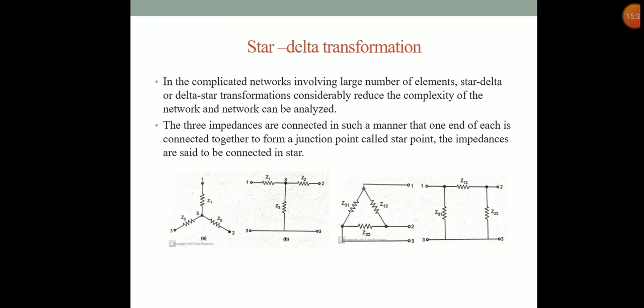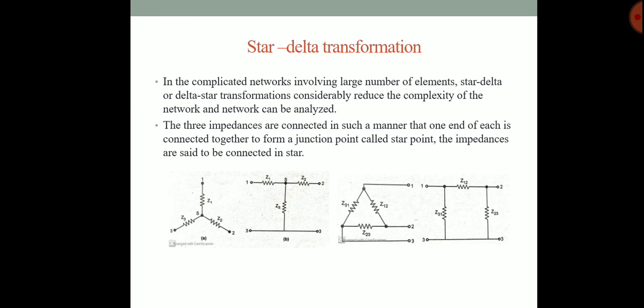Now finally, we have to discuss the star to delta transformation. In a complicated network involving a large number of elements, star to delta or delta to star transformation is considered to reduce the complexity of the network, so that the network can be analyzed very quickly.